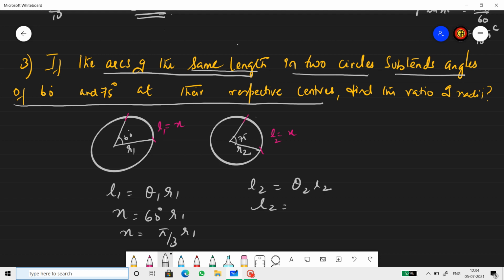L2 equals 75 degrees into R2. 75 degrees we can convert into radians, which will be 5 pi by 12, into R2.